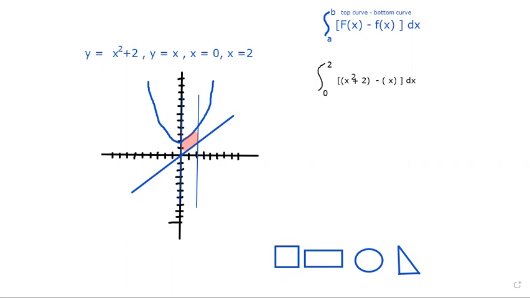Now, one thing we have to remember, anytime we deal with a polynomial, we want to go in descending order. All right, so we have x squared minus x plus 2. Okay, let's raise that to the second power.